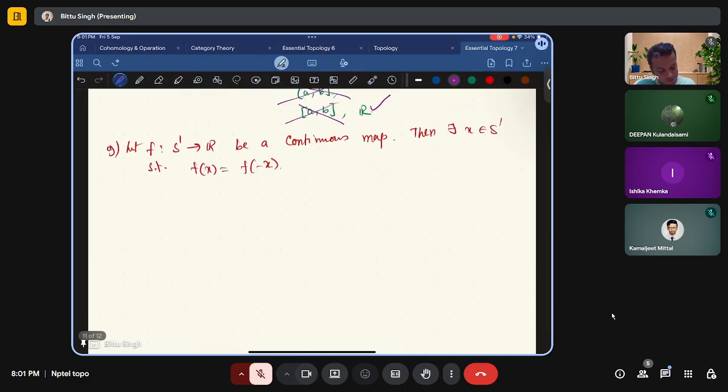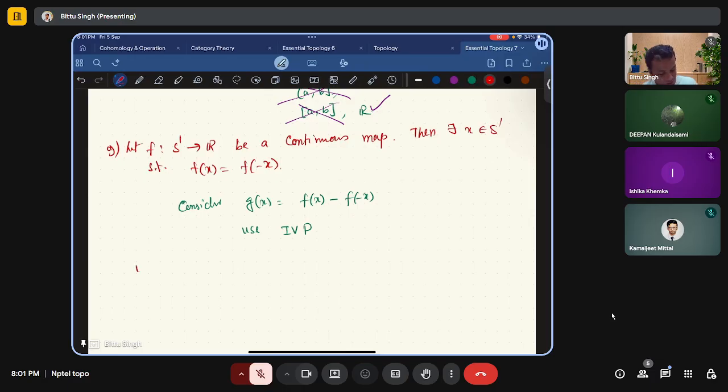Okay, there is another question. I am giving a hint for this question; you should try. Consider g(x) equal to f(x) minus f(minus x) and use the intermediate value property.